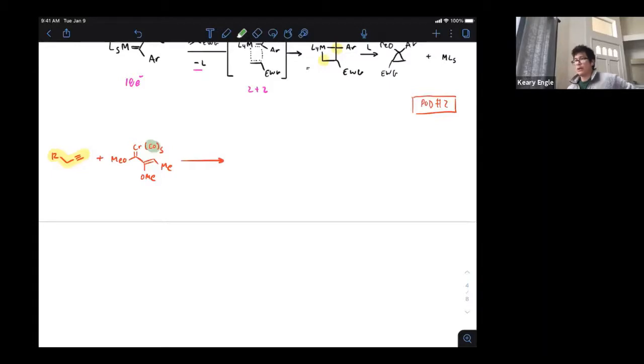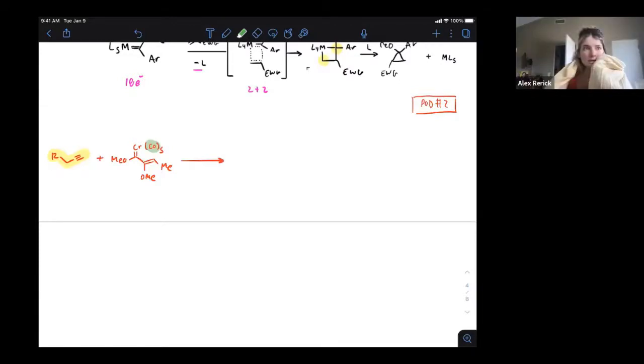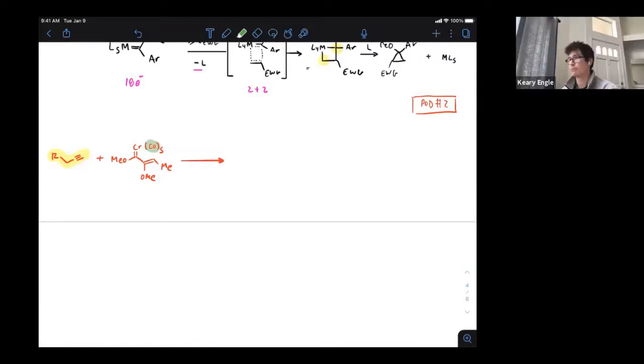Anyone else want to chime in? Consulting from the audience here? So my group talked about something different. We talked about doing a 4+2, giving us a larger metallocycle.